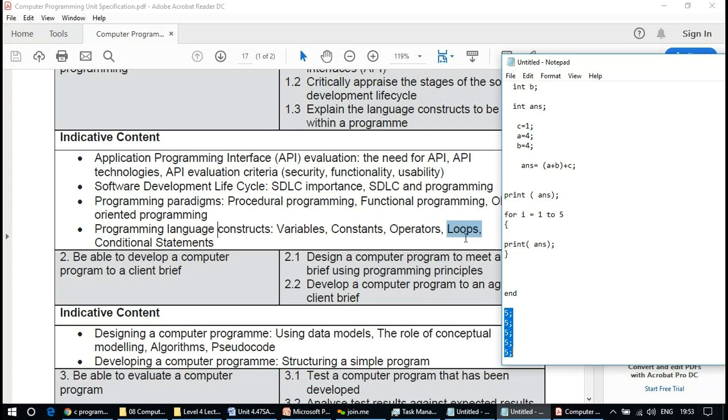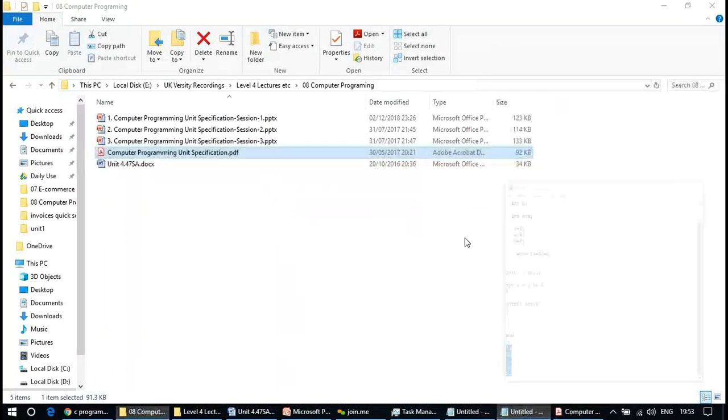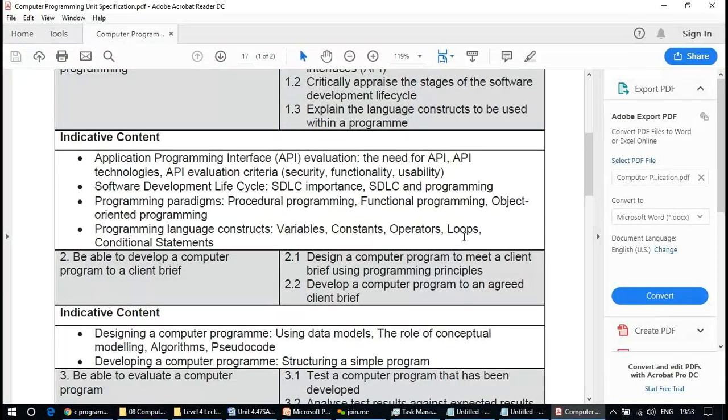So it happens by using loops. When this screen is in front of you, it is continuously looping in front of you.